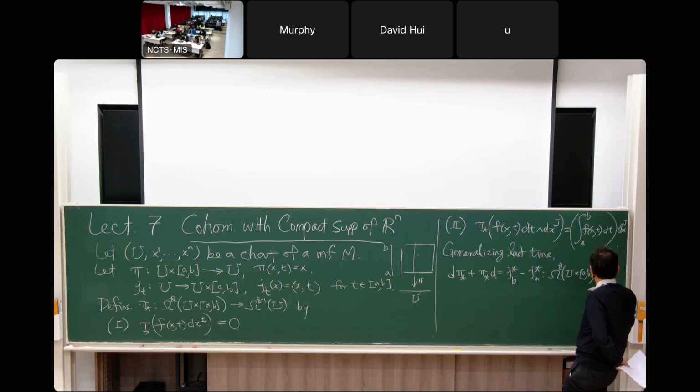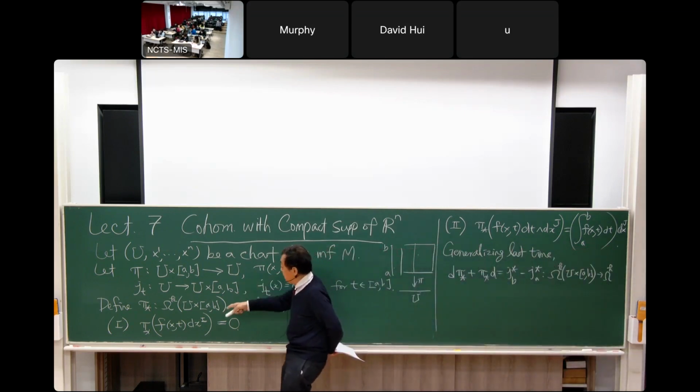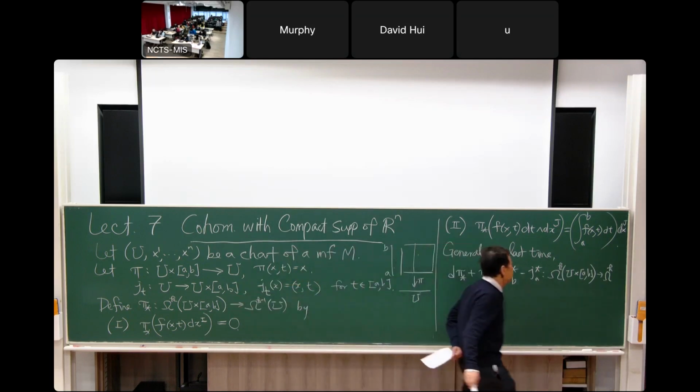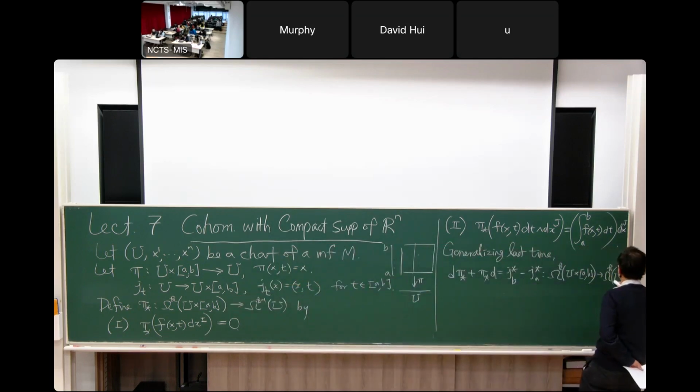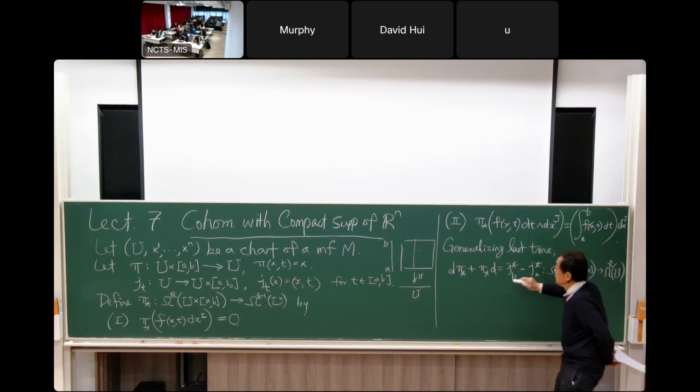But when you do pi lower star, you get rid of the t component. So this is where the maps go. So we still have this formula, okay?